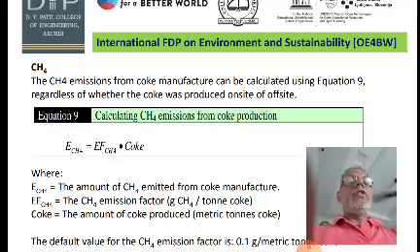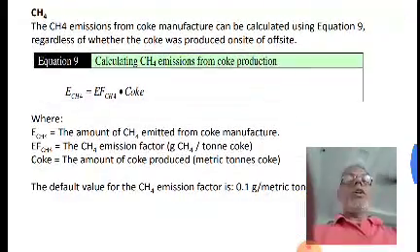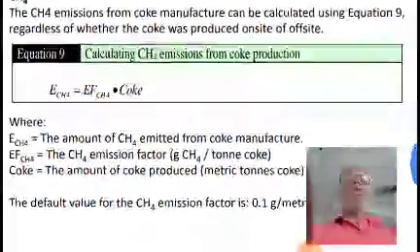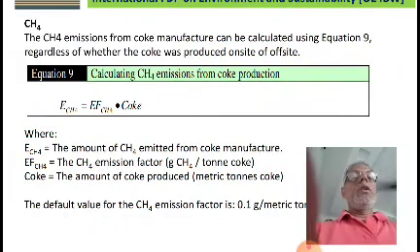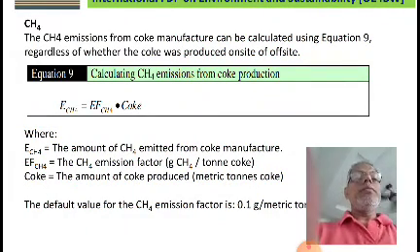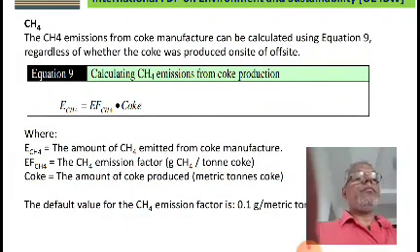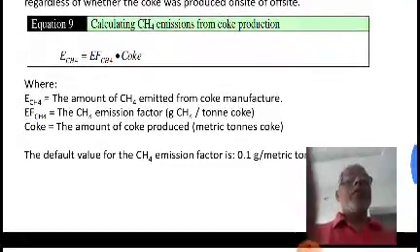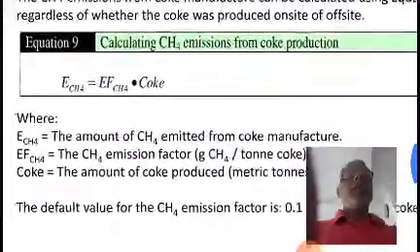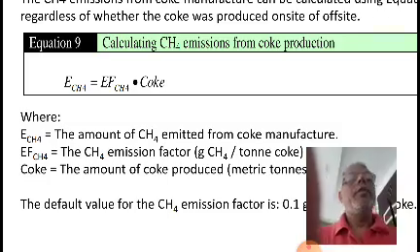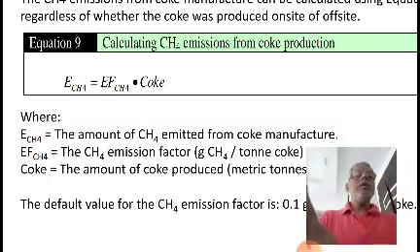So for calculating CH4 emission from the coke production, you can use this equation: ECH4 is equal to EF CH4 coke.